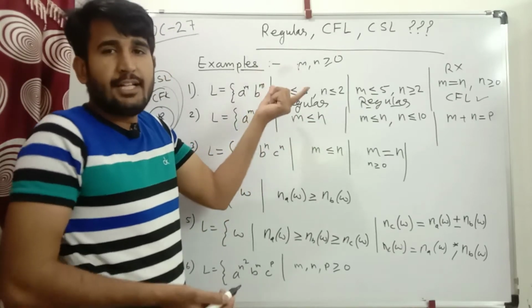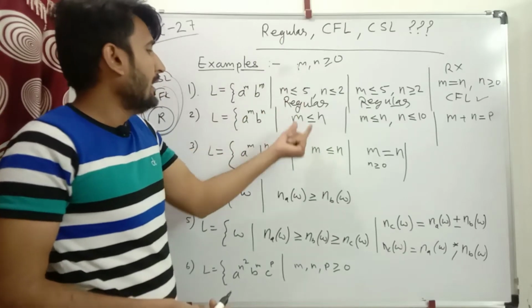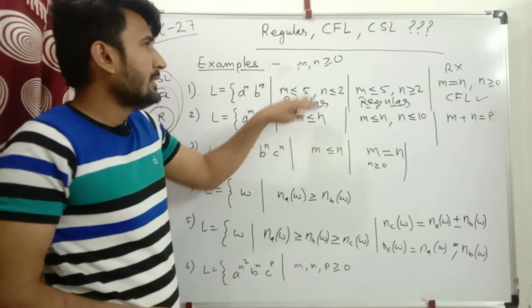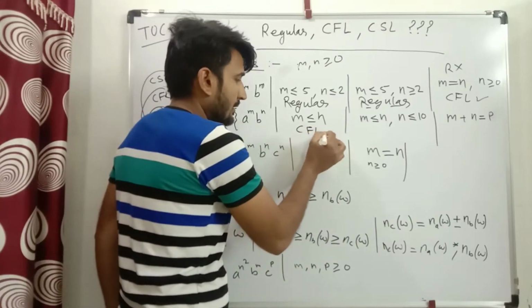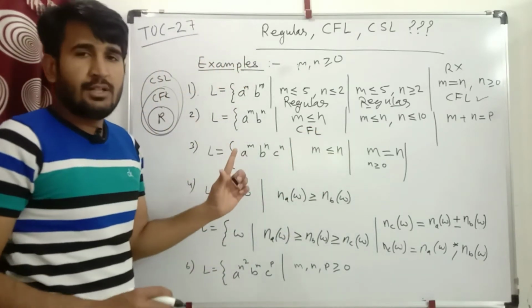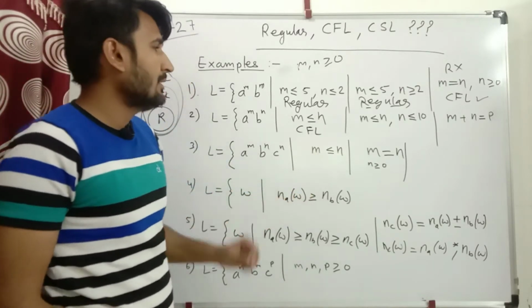So we surely can say that this is not a regular language. There is one comparison, and this is a CFL. By seeing only this, you can identify whether the given language is regular, CFL or CSL.